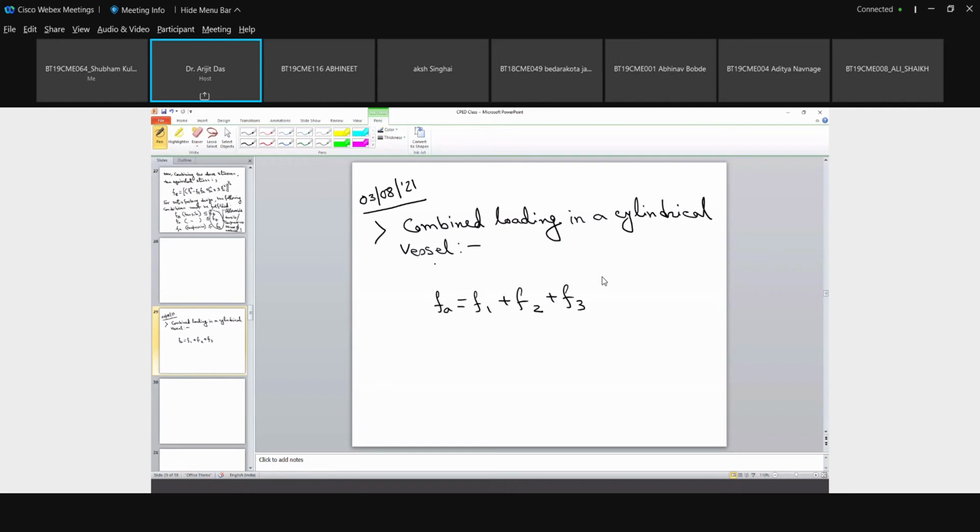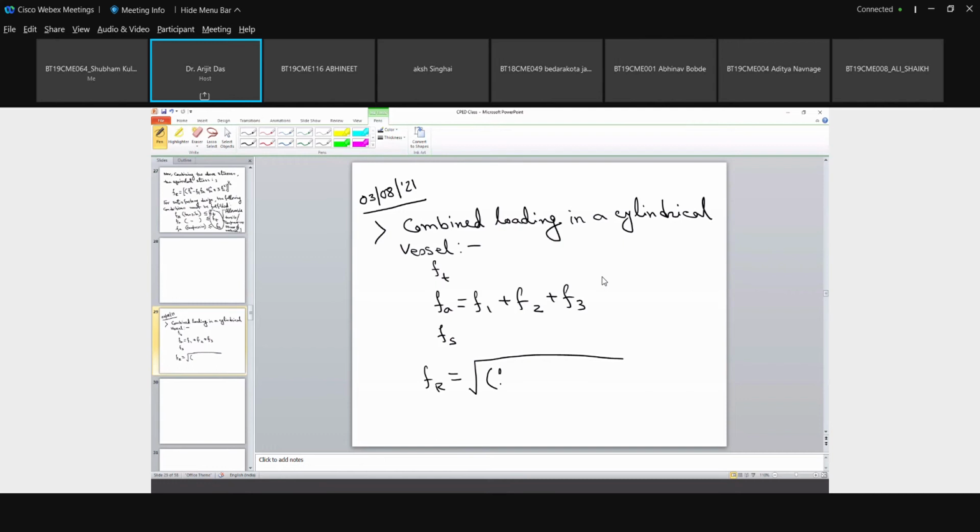Another was the hoop stress or circumferential stress, and we also know another type of loading, that is due to the offset piping, that is the Fs, and we know there are different expressions. So due to these three types of loading, we know the resulting stress or overall stress on the pressure vessel.